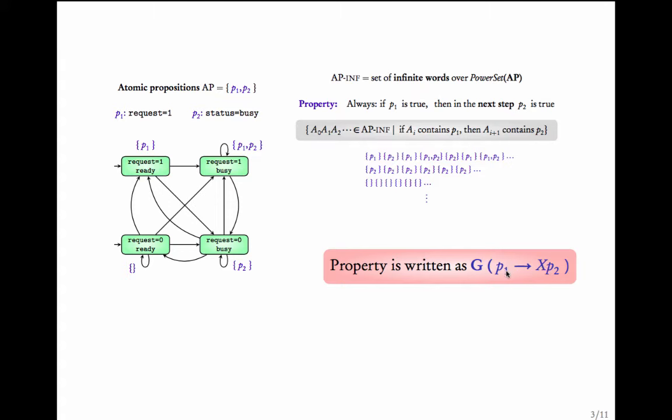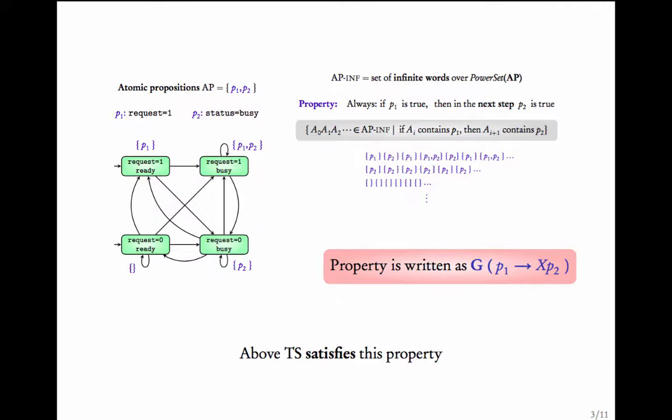This will check that if P1 is true, then in the next step P2 should be true. It turns out that this transition system satisfies this property. That means the traces of this transition system are words of this form.